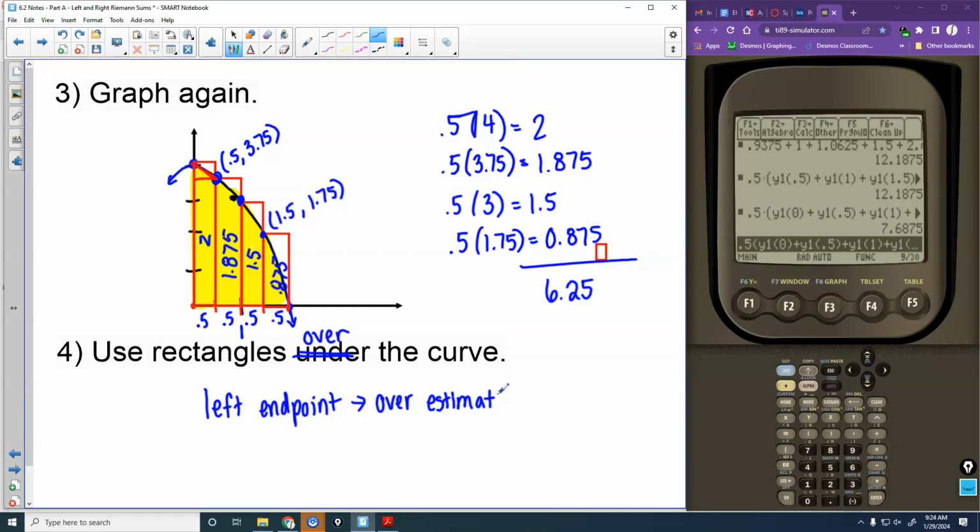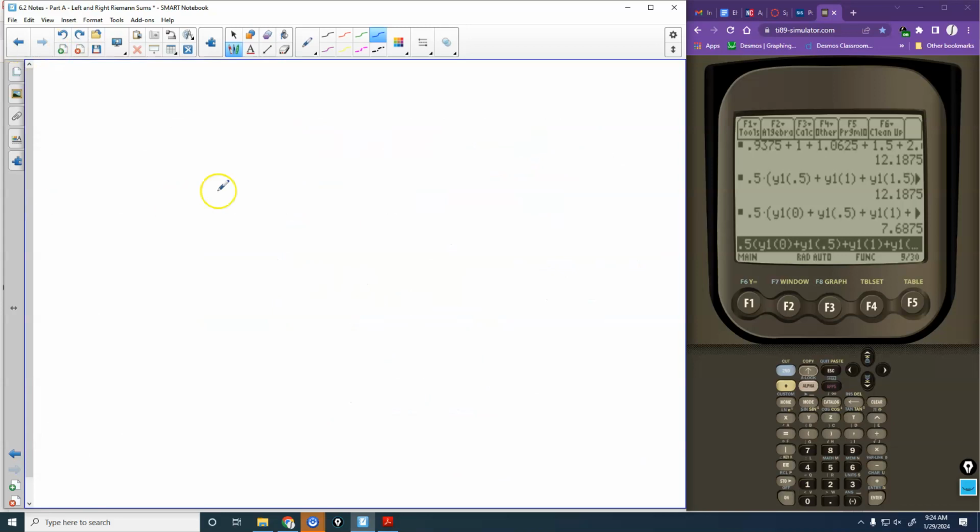How can we tell if the left endpoint is going to be an overestimate or an underestimate? Okay. If the slope is positive or negative, I also heard Jeremy mention something over here. What'd you say? With concavity? All right, let's explore this a little bit.